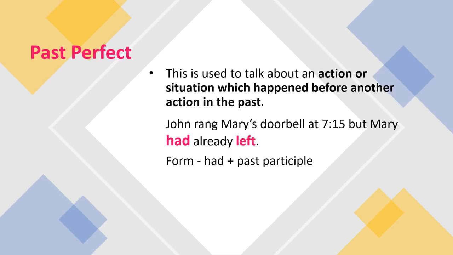So which is the action which comes first? Mary left. And then John rang the doorbell. So here we have the action or situation which happened before another action in the past. In this case, we make use of past perfect tense. The form is had plus past participle.